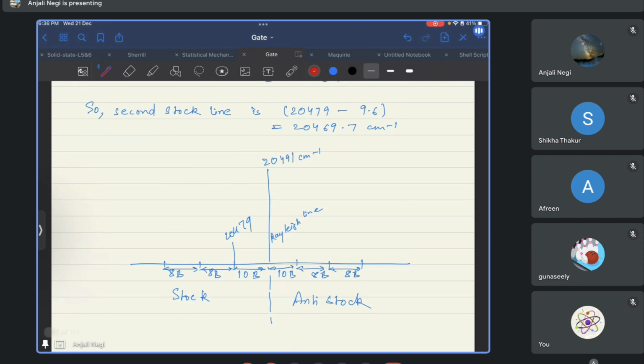Since I know that the even number lines, both Stokes and anti-Stokes, will be missing, J0, J2, J4 will be missing. So this is my mu excitation, and my J0, which was 6B apart, is missing, and my J1 is here, which is again 4B apart from my J0, which is missing here actually.